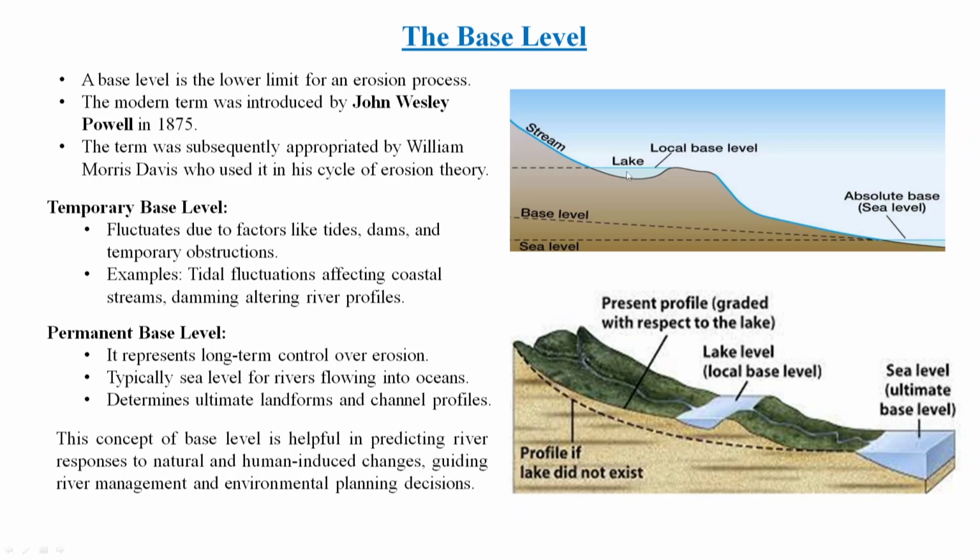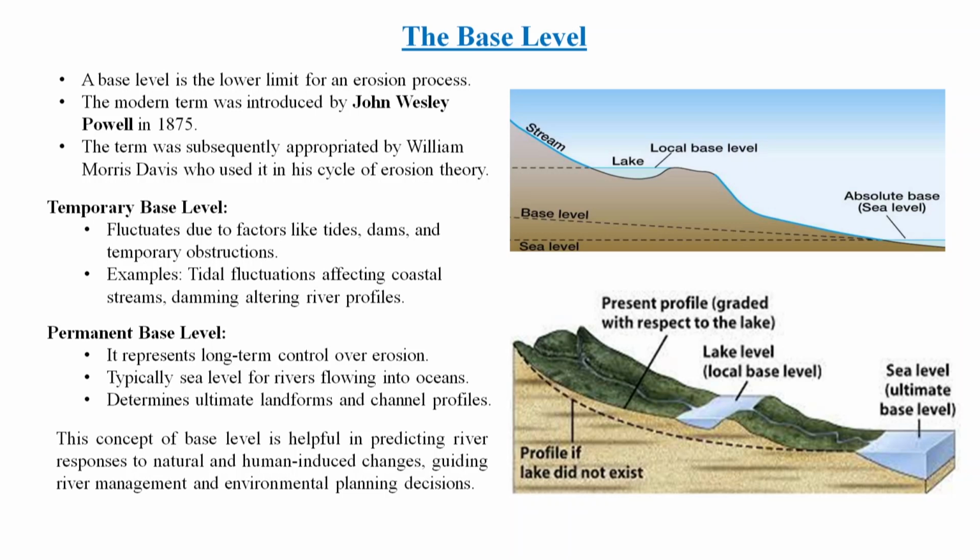So if you have a lake in a region, for example a relatively higher elevated area, then the water level of that lake can be considered a temporary base level with respect to that region. That means you can have erosion till that level. Beyond that, you can't erode materials beneath it.